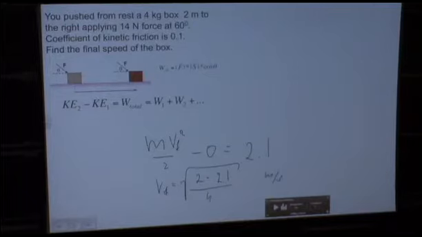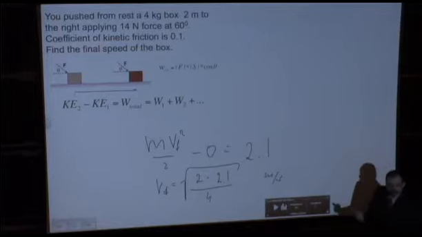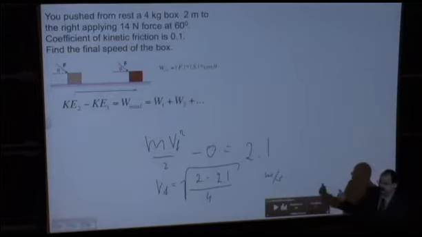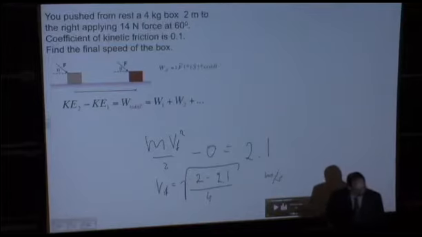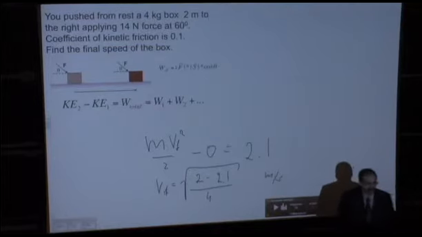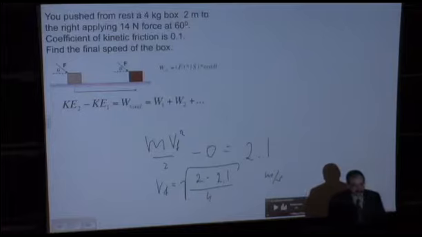That is how everything is related to everything in a situation like that. We could have calculated the final speed differently. If we know all the forces, we can calculate acceleration. If we know acceleration and distance, we can calculate the speed. Of course, the result will be the same.